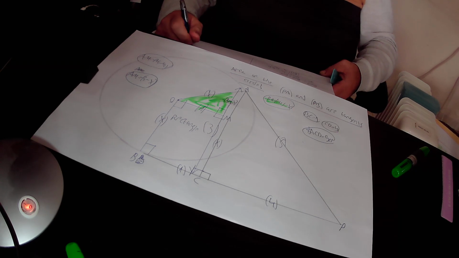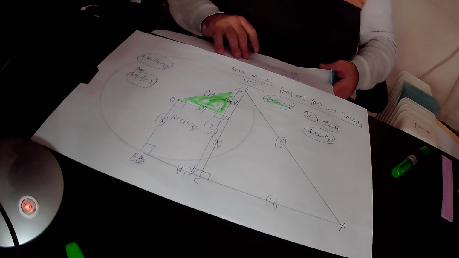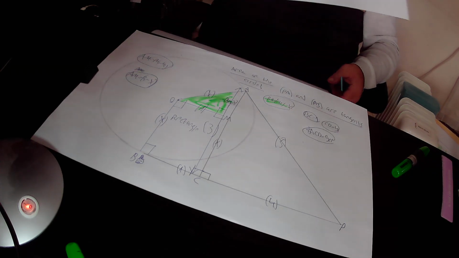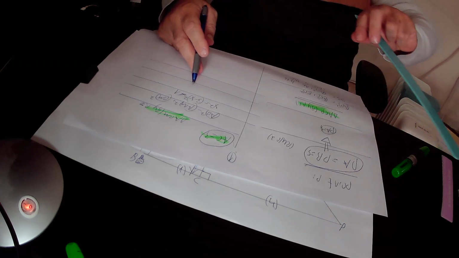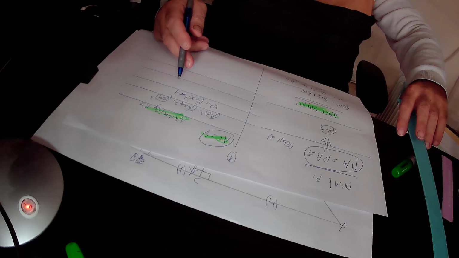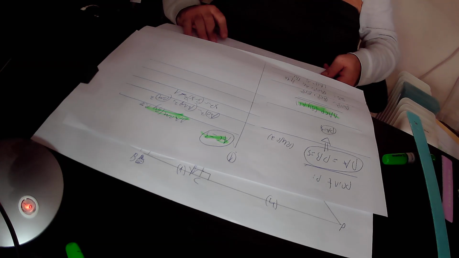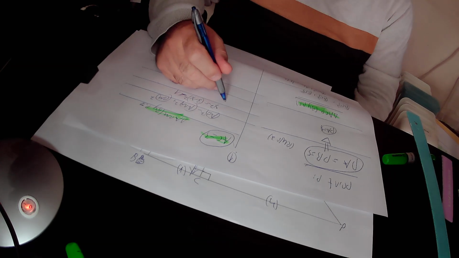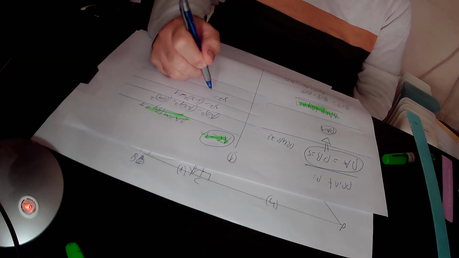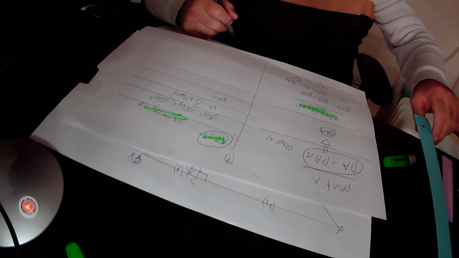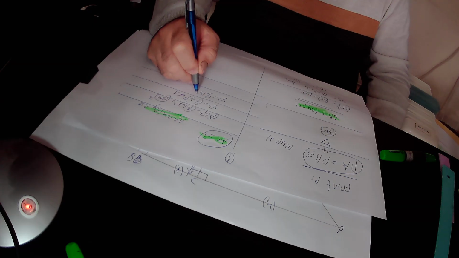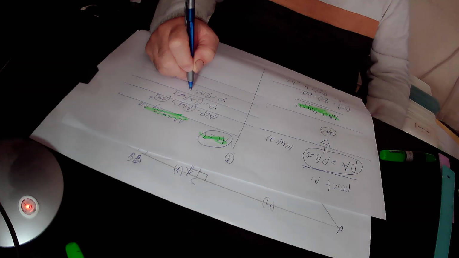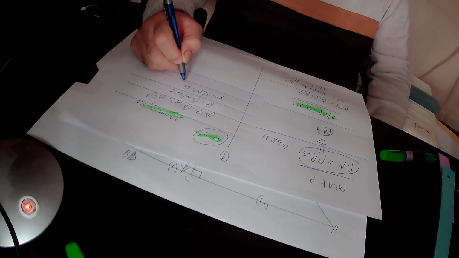So in total we found out that according to the Pythagoras theorem in this triangle AOM, X squared equals (3 minus X) squared plus 1. Now (3 minus X) squared equals 3 squared, that is 9, plus X squared, minus 2 times 3 times X, that is minus 6X.